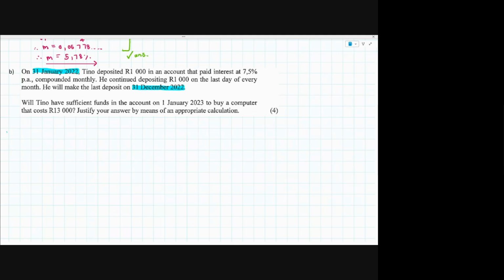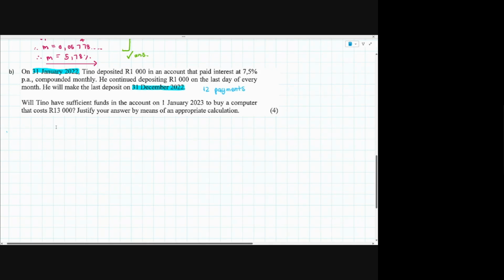But it's really important that you know how many payments are being made. Because it's every month, he makes a payment on the 31st of January 2022 and at the end of every month. So February, March, April, May, June, July, August, September, October, November, and he pays on the 31st of December. So there are 12 payments being made into this investment over this period.